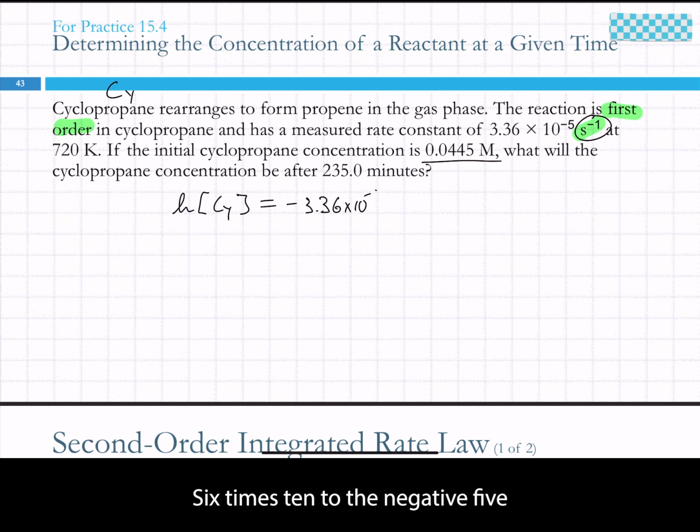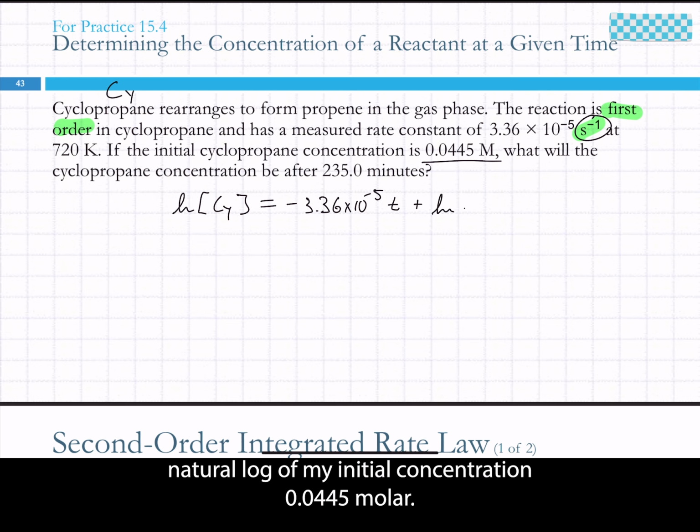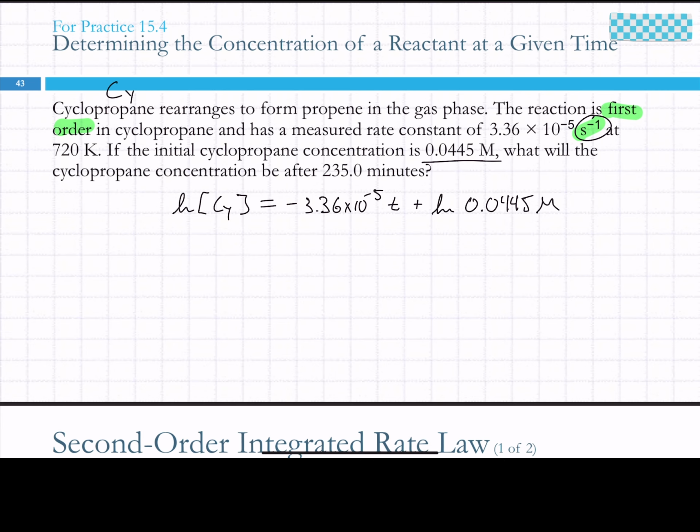Negative 3.36 times 10 to the negative 5 times t plus the natural log of my initial concentration, 0.0445 molar. Oh, I didn't write the units. Shame on me. So I didn't write t in there.